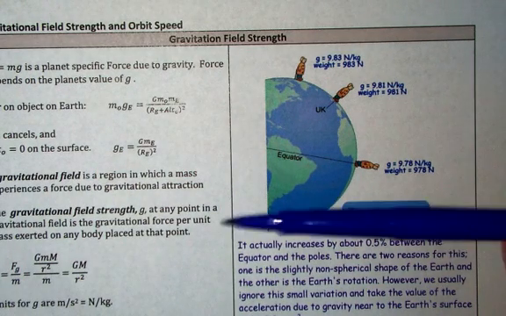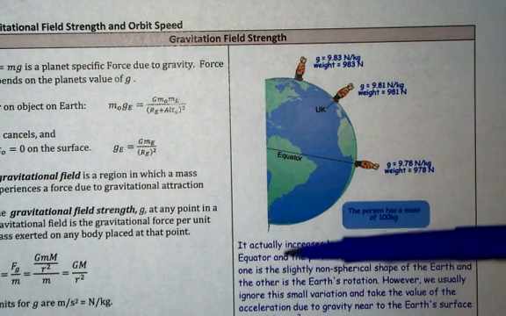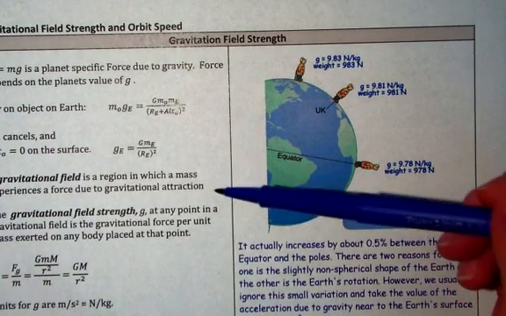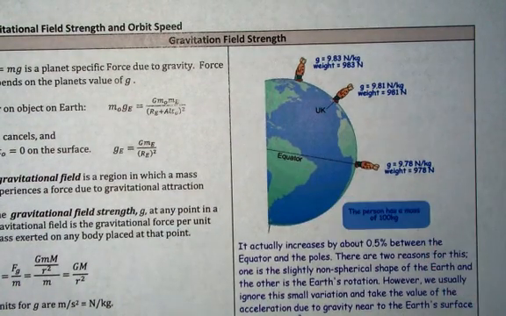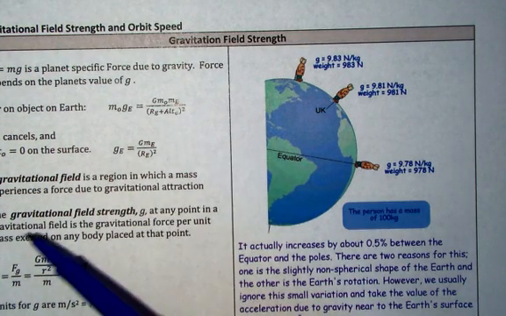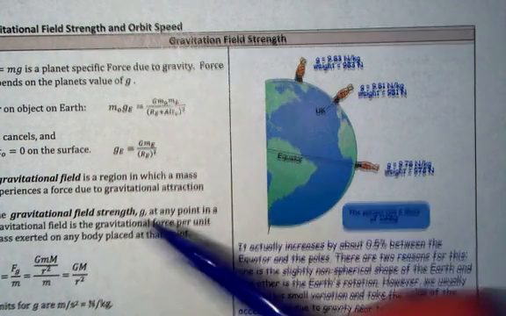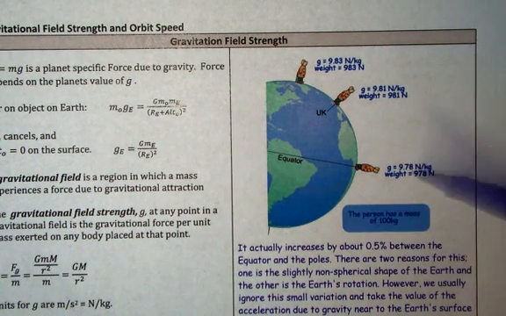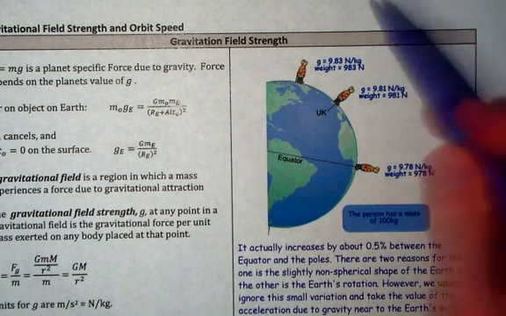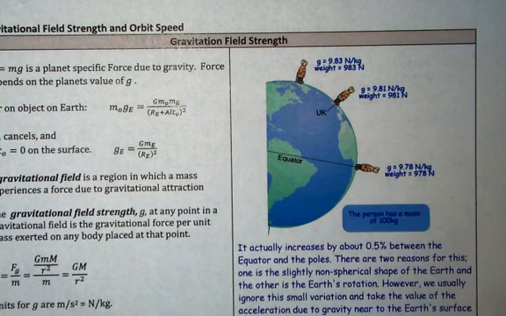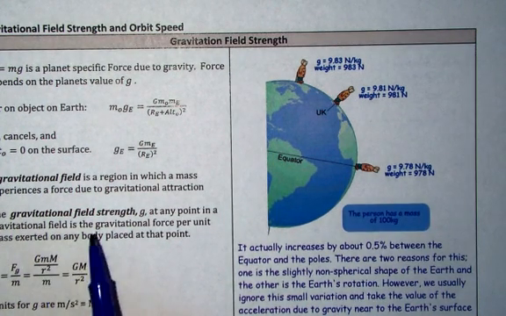So a new concept that we don't really cover too much in AP1, but you'll talk about it more if you take APC, is the concept of a gravitational field. What that is, is a region in which a mass experiences a force due to gravitational attraction. And what happens is we have different fields as we get further and further away from the Earth, okay? And specifically what we want to look at is something called the gravitational field strength.